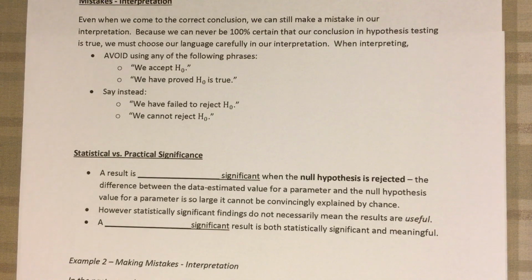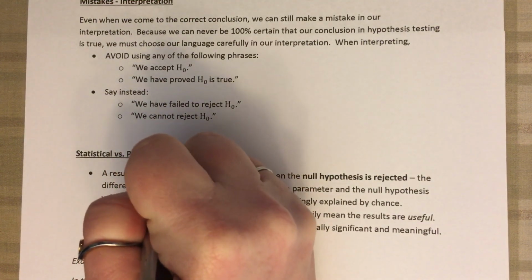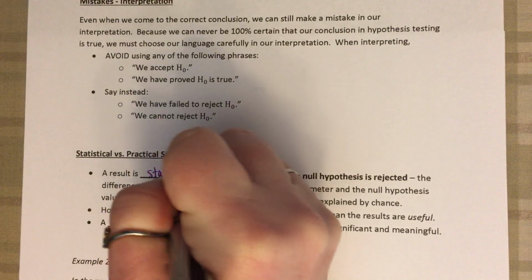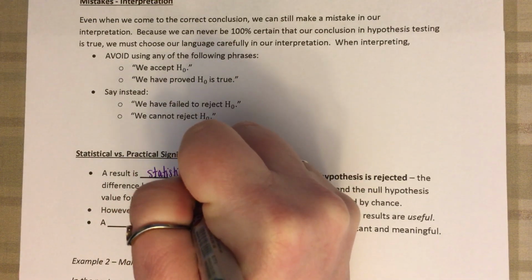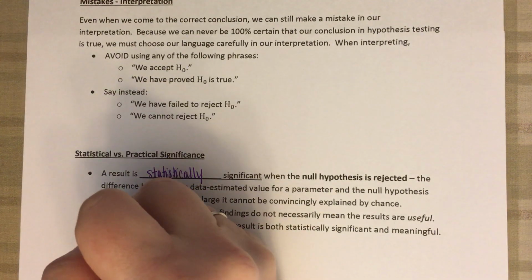There is one more pair of definitions that we're going to discuss in this section: statistical versus practical significance. A result is statistically significant when our null hypothesis is rejected. However, statistically significant findings do not necessarily mean the results are useful.